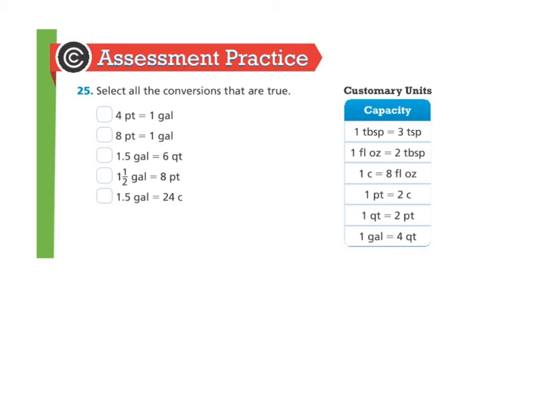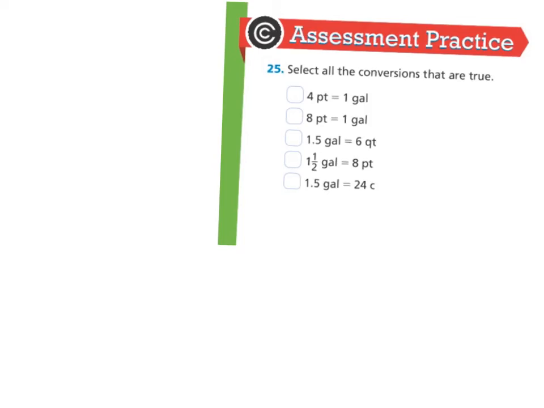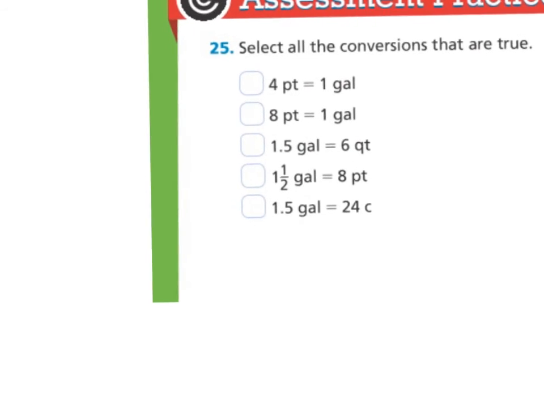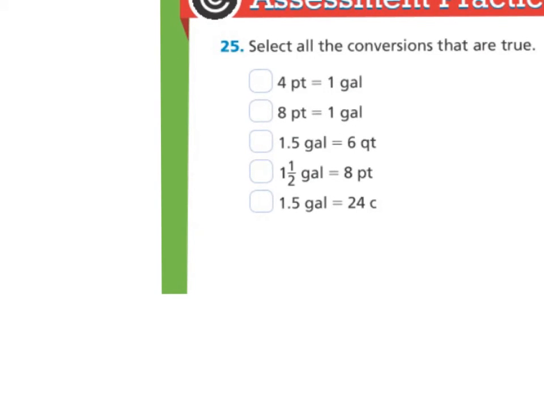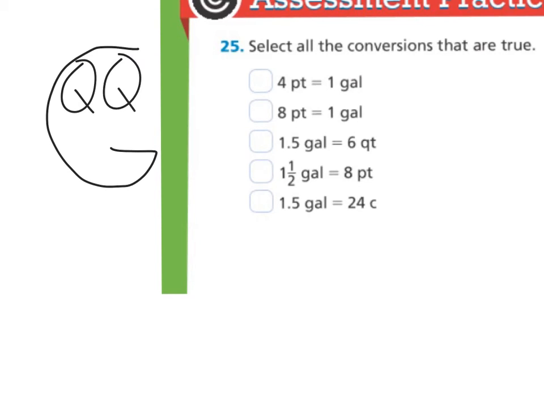Number 25, they're asking which of these conversions are true. And so for some of these, we can go back to the picture that we talked about earlier with the gallons and the quarts, the pints and the cups.